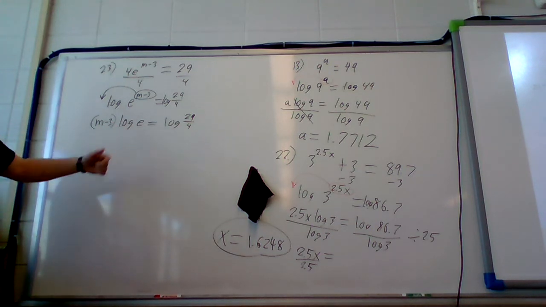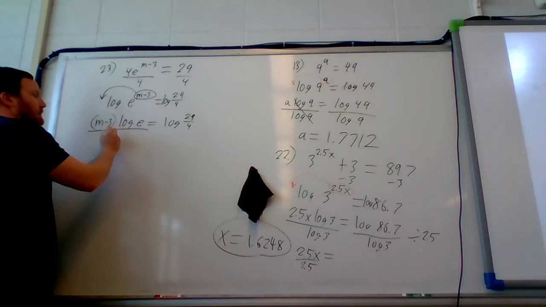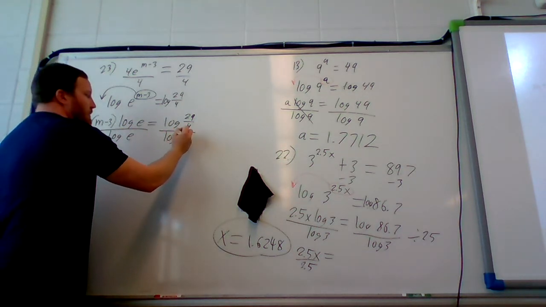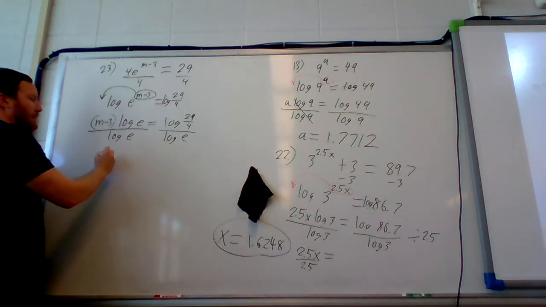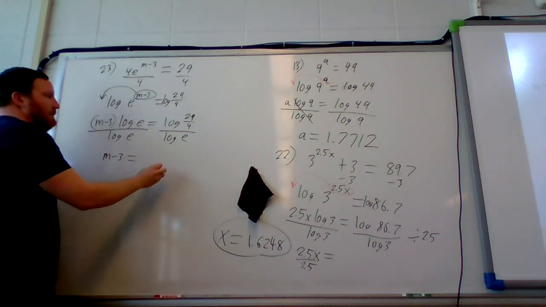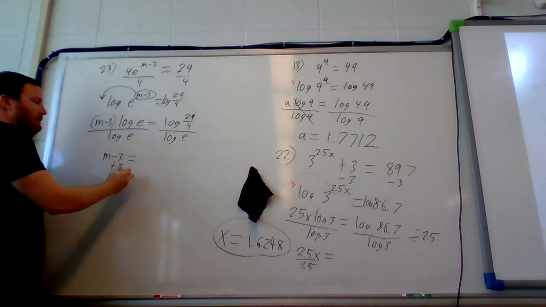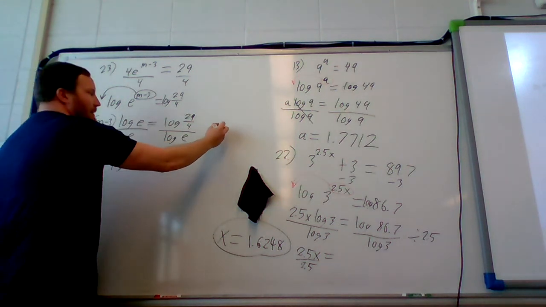Divide both sides by log of e. So it gets us n minus 3 is equal to this. So what we would do then is add 3 to both sides. So I'm just going to add 3 up here.